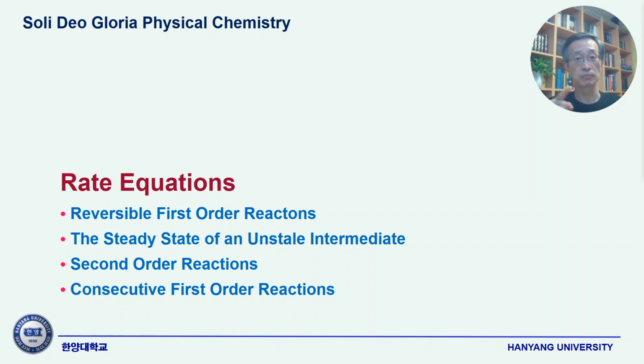A plus B making product, and you have to consider both. And consecutive first order reactions, those things we are going to deal with today, okay? And also at the end, we are going to solve a reversible consecutive first order reaction as an example of a, let's say, complex system of reactions.